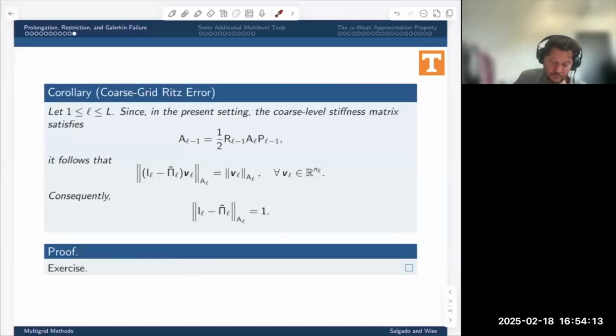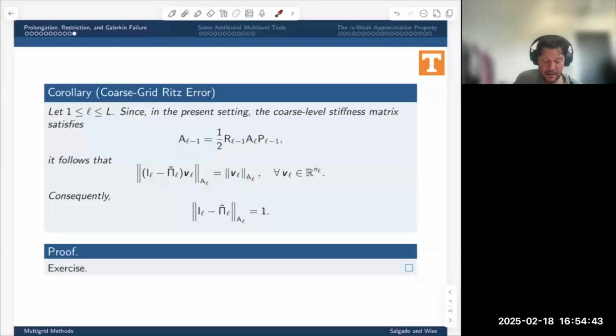Here's the result. In the present setting, the coarse level stiffness matrix satisfies this condition here. Remember, the 2 can just be put back over there, and so that's just the G3 condition. Because of this, it follows that if I take the norm of this vector, I'm just going to get the norm of that vector.